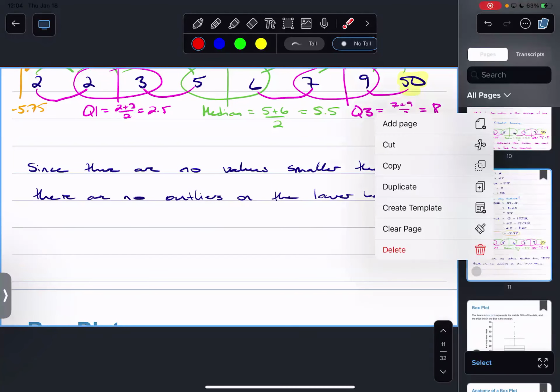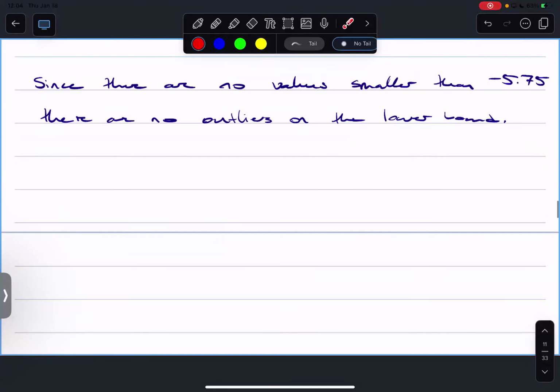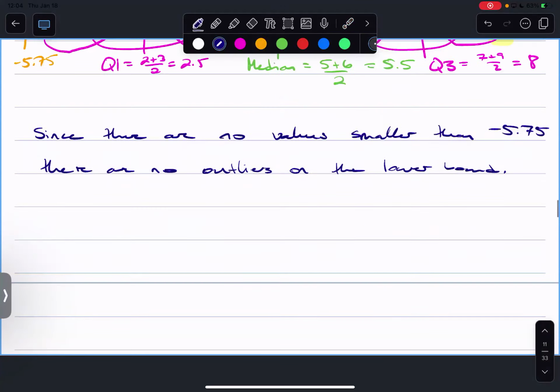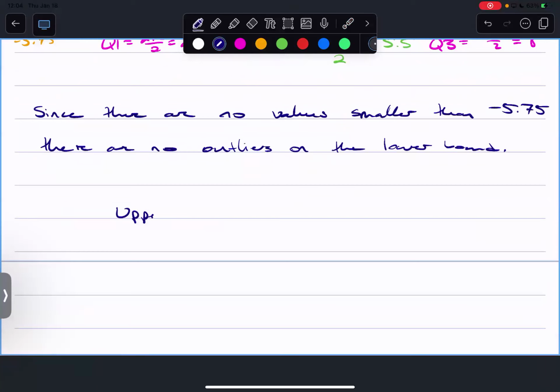Add a page. How about on the upper end? So now the upper bound is Q3 plus 1.5 times the interquartile range.